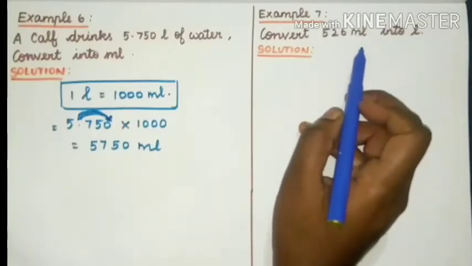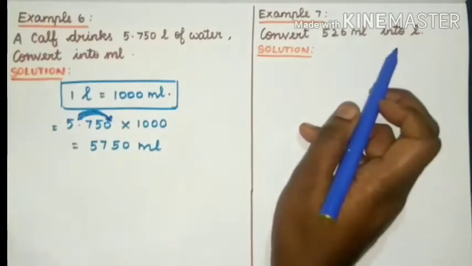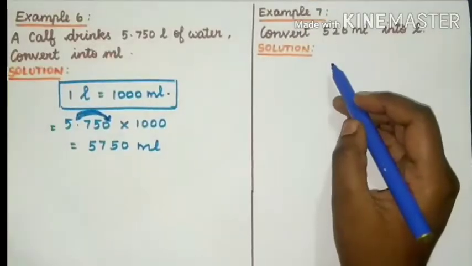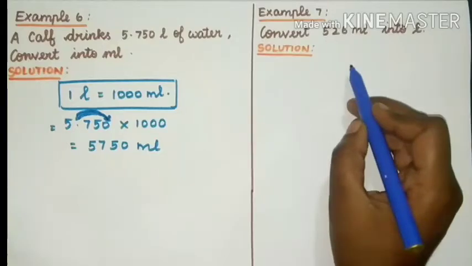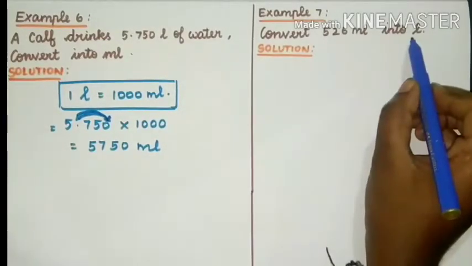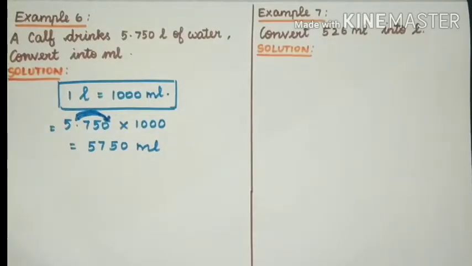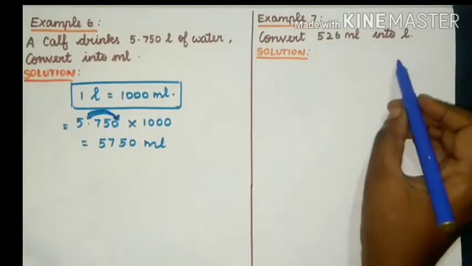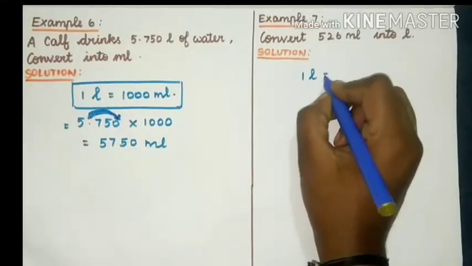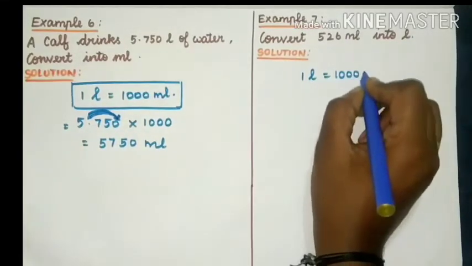Example 7. Convert 526 milliliter into liter. In this we are going to convert milliliter into liter, that is lower unit into higher unit. For that we have to divide the given measure according to the given measurement. As we already know that 1 liter equals 1000 milliliter.